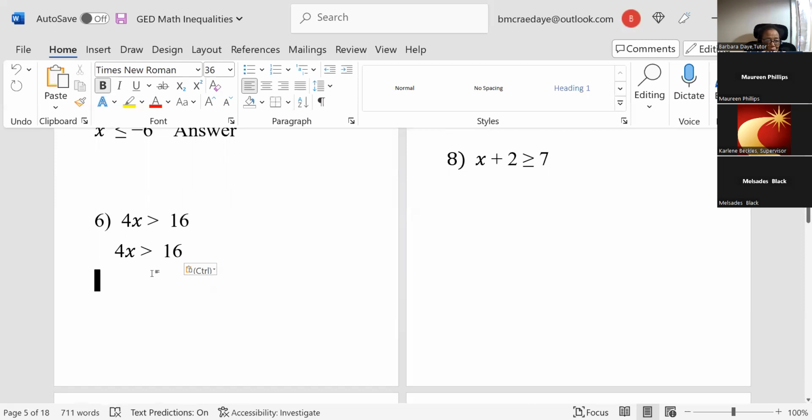X greater than what? I want just X over here on the left. What do I have to do? Divide. That's it, Maureen. Divide. So what would that give me? So you're dividing. You just write it here. Divide both sides by 4. Right.